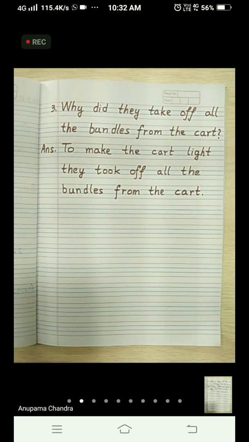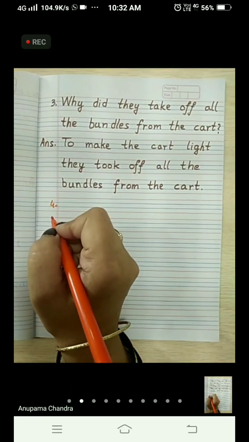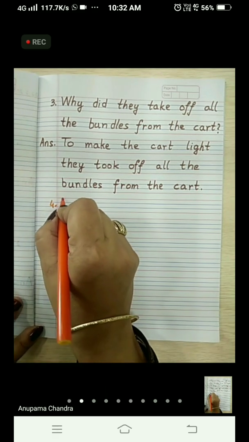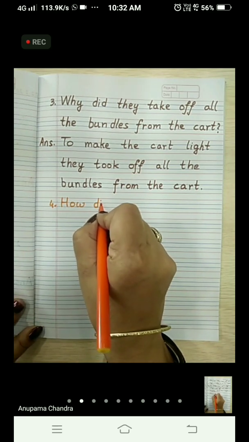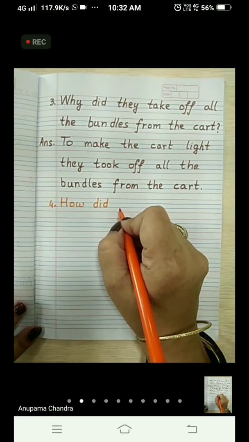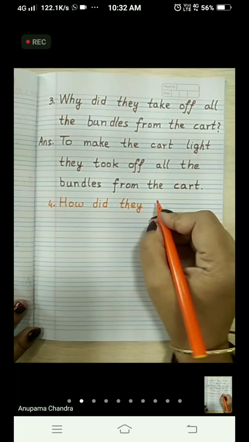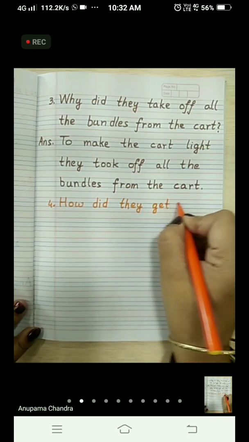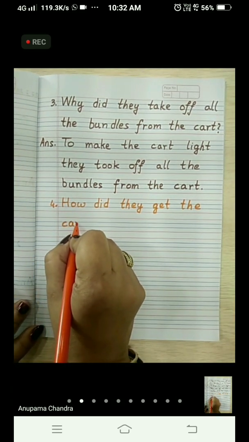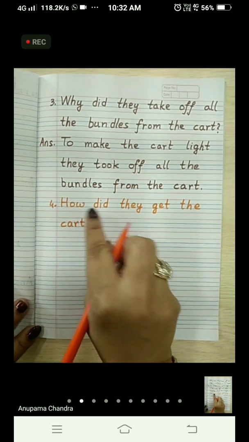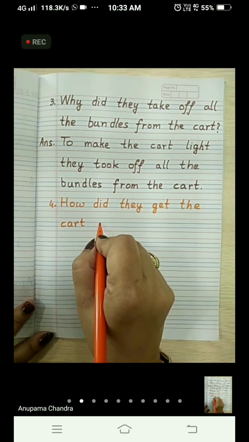Let's continue, children. We are going to write question number 4. And the fourth question is, how did they get the cart out of the mud?